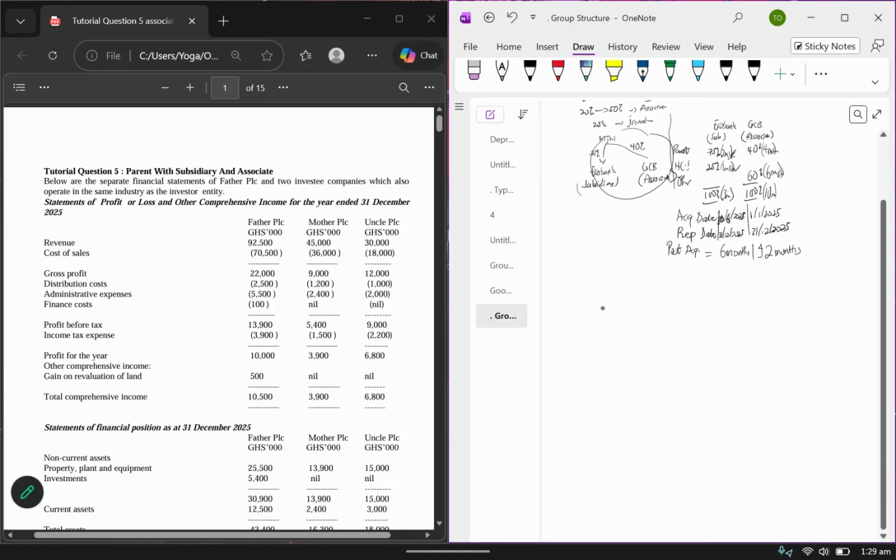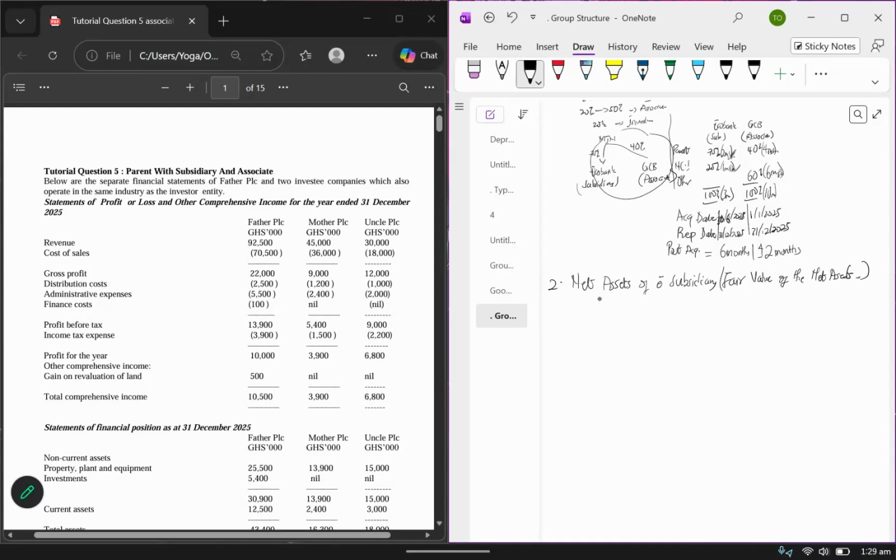And then let me quickly move on to the net assets. So number two, under the five basic workings, is the net assets. Net assets of the subsidiary. But then the actual thing is the fair value of the net assets of the subsidiary.